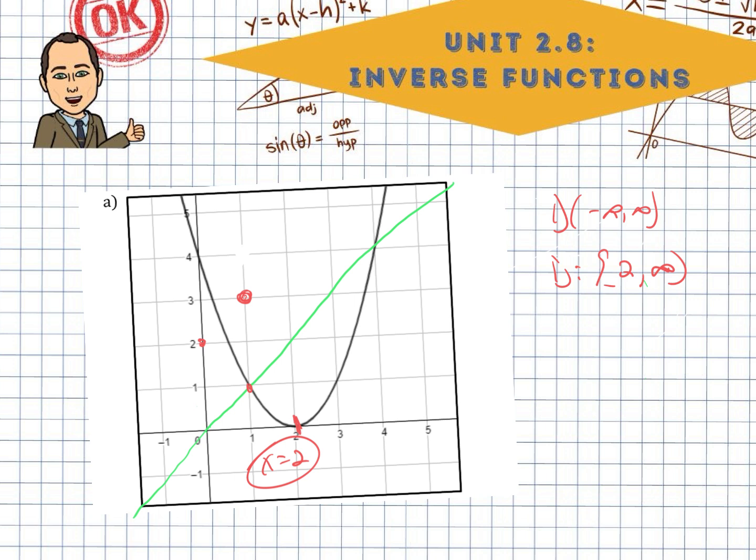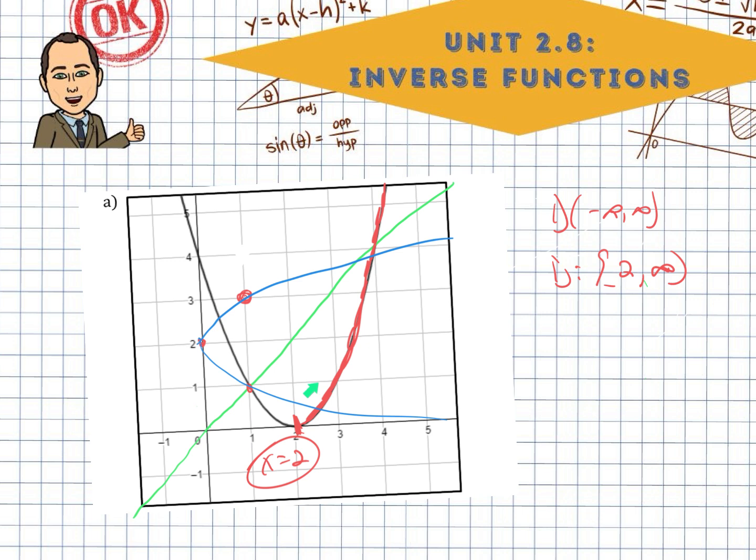Meaning I'm only going to focus from here all the way out. Well, going back to my sketch, only 1/2 of this graph is the actual reflection to my right half here in red of this quadratic graph.